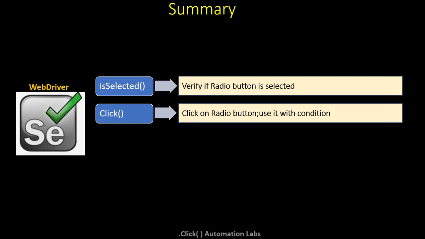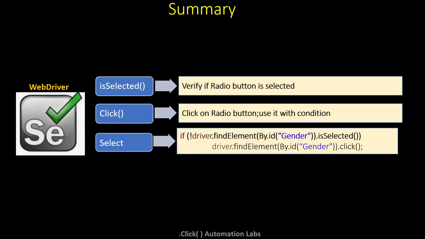Click will click on it, but to select it properly, you need to use it with some condition. That's the reason I added another block. If you use click along with isSelected, then this will work in the expected way. So this is about interacting with radio buttons.